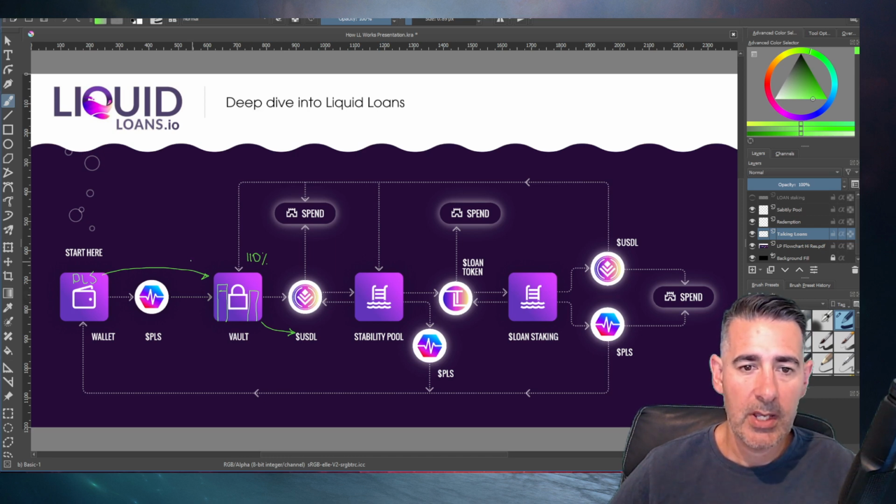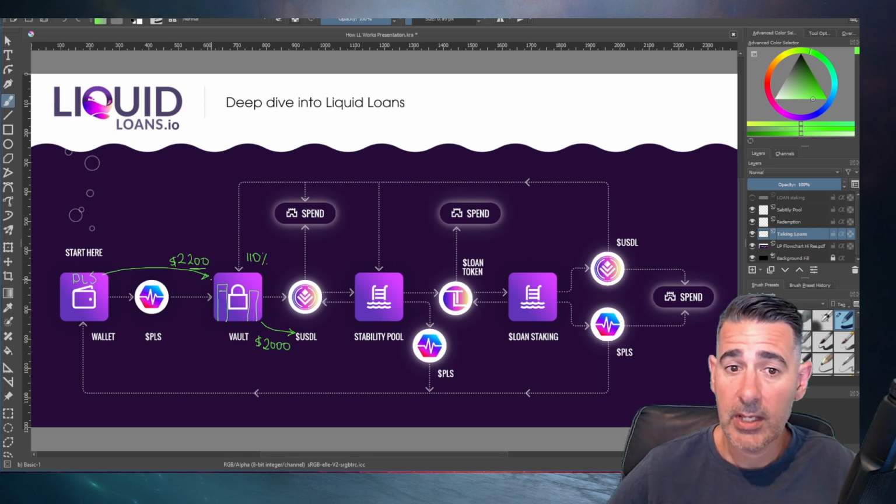So if we sent $2,200 worth of Pulse into the system, we could extract $2,000 worth of USDL because we've got 10% extra there. So we've got 110% collateral based on the actual loan that we've taken.